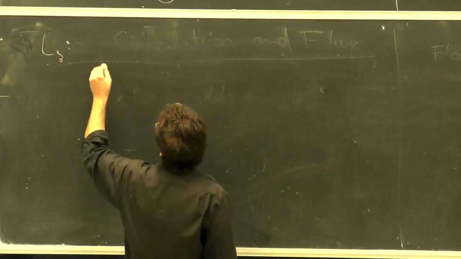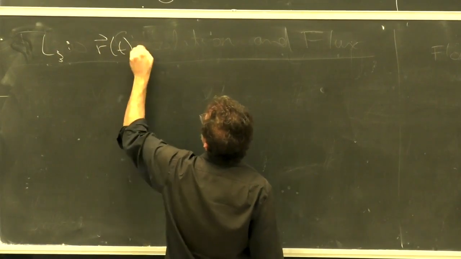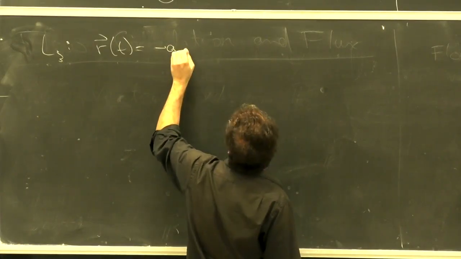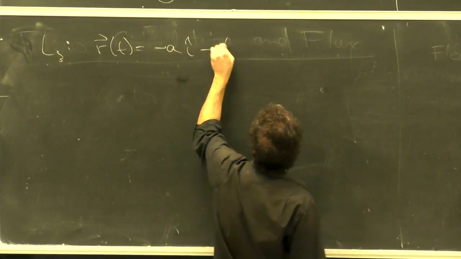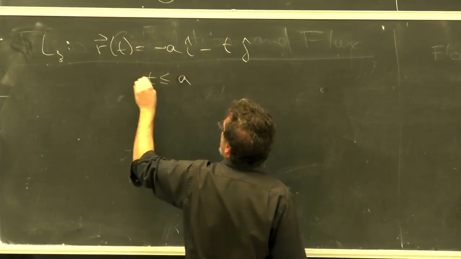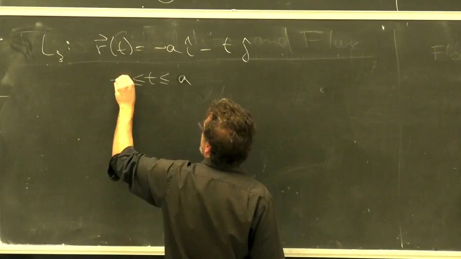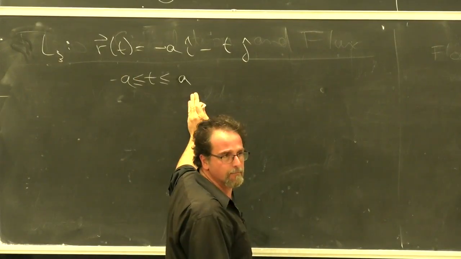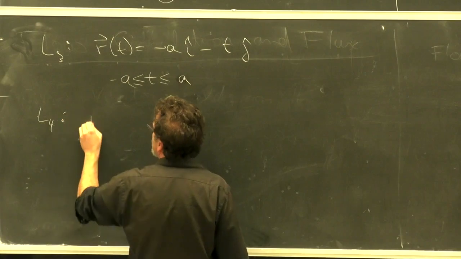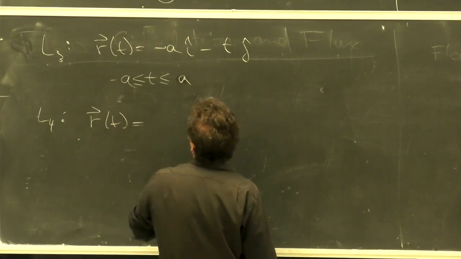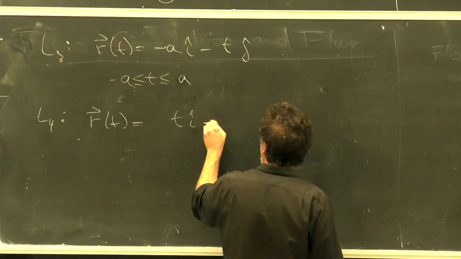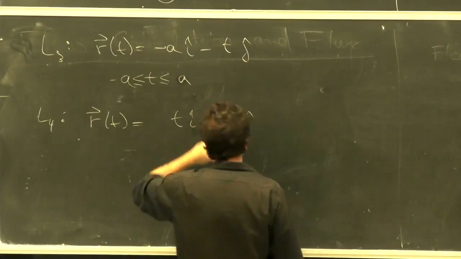So it's going to be r of t equals negative a i hat minus t j hat, where again, t is less than or equal to a and greater than or equal to negative a. So it's always going positive again, right? And finally, line 4 is going to be given by r of t equals t i hat minus a j hat with the same bounds of integration.